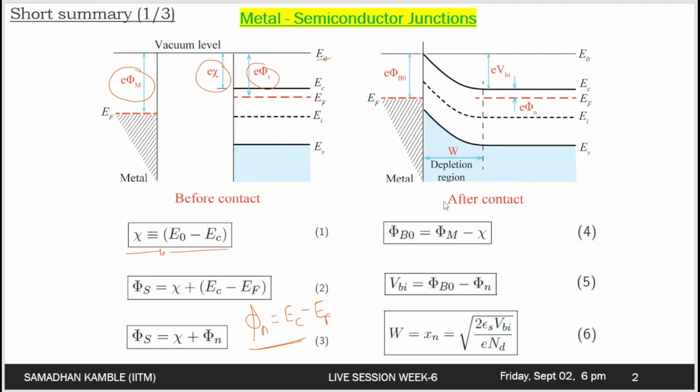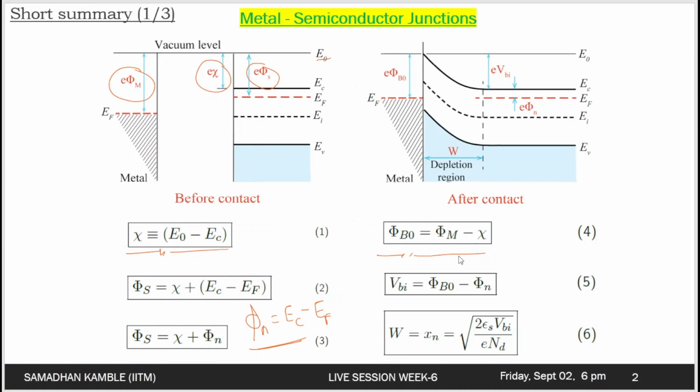So this is the potential barrier for electrons in the metal region to cross into the semiconductor region. This barrier is known as the Schottky barrier, and it is given ideally as phi m minus chi. So phi m is the metal work function and chi is the electron affinity, and phi b0, the Schottky barrier, is the difference between these two quantities.